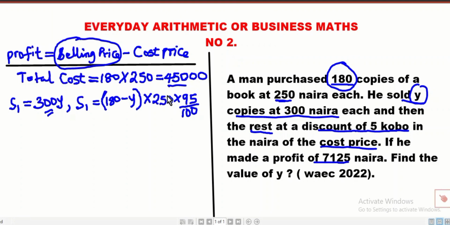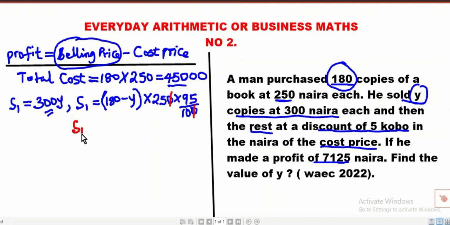It's very straightforward. So I am going to multiply this and this. Let me simplify this before I go further. I'm going to have 25 times 95, then divide by 10, which gives 237.5.